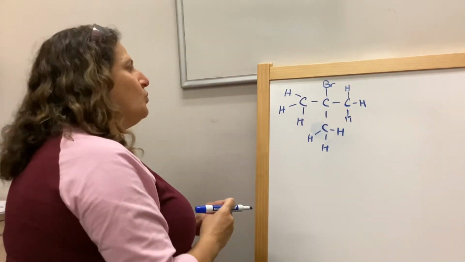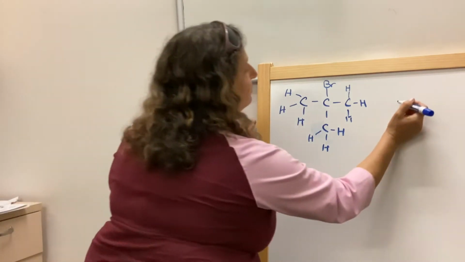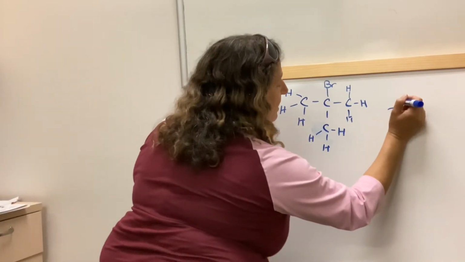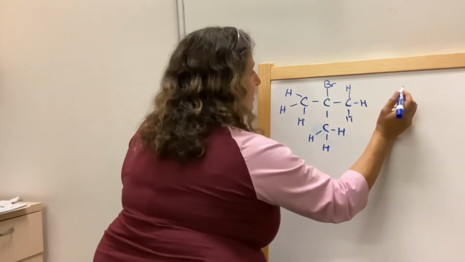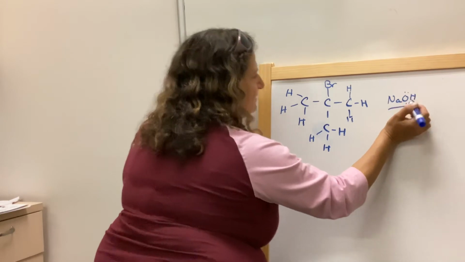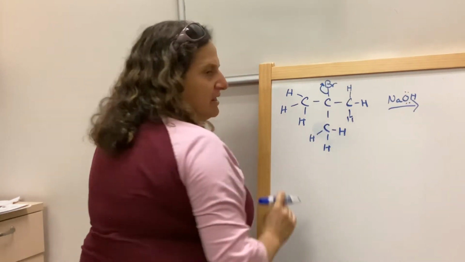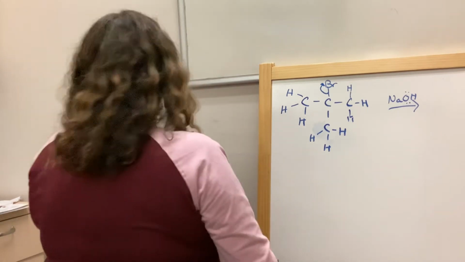Just like SN1, the first step of the reaction is for the leaving group to leave. And I'm just going to say I have a base in here. Again, we'll start with NaOH. Everybody sees that as both a base and a nucleophile. First step, my leaving group leaves.